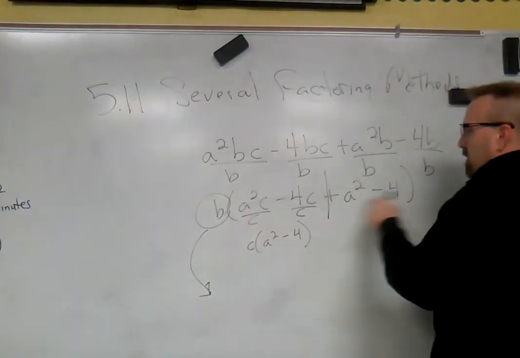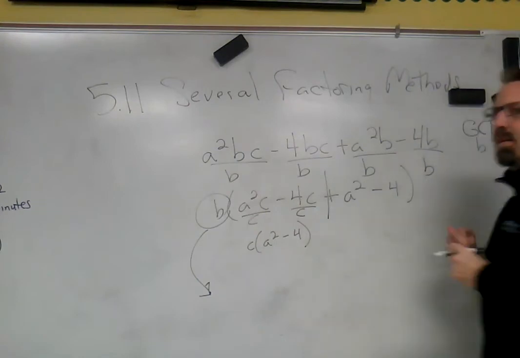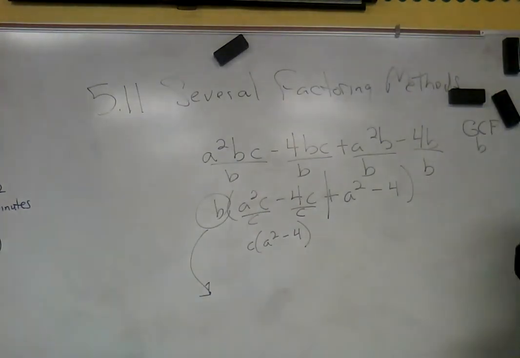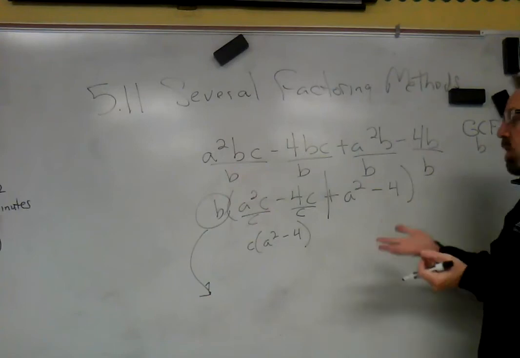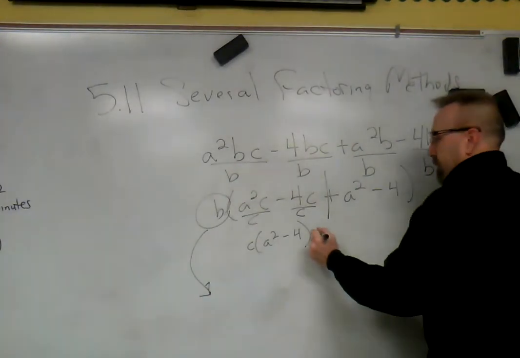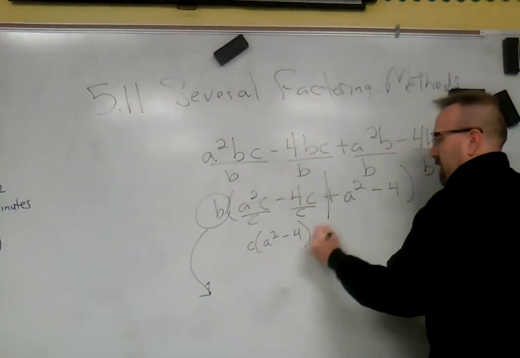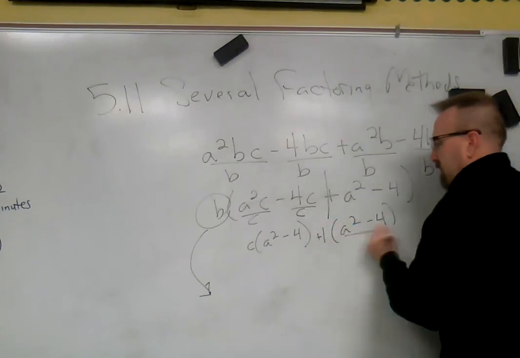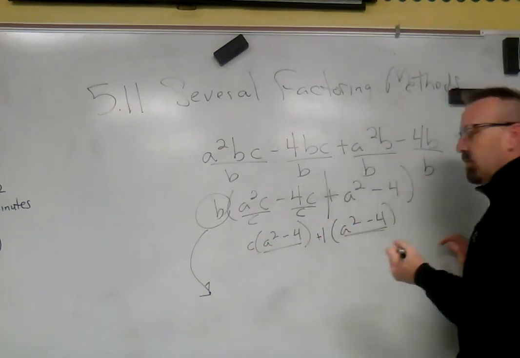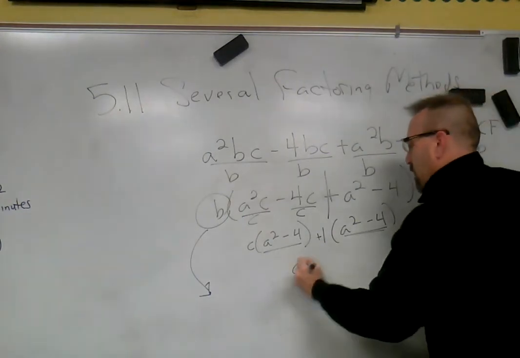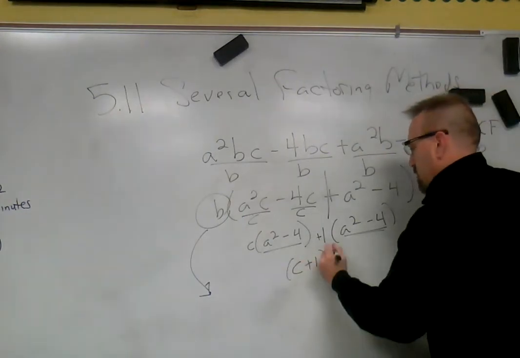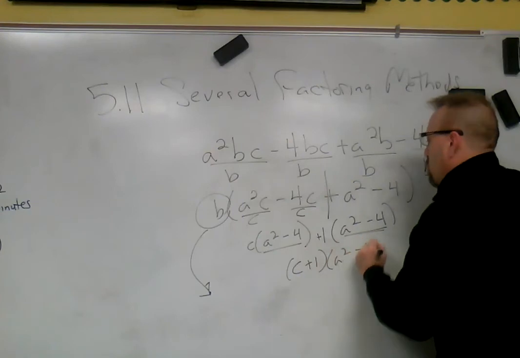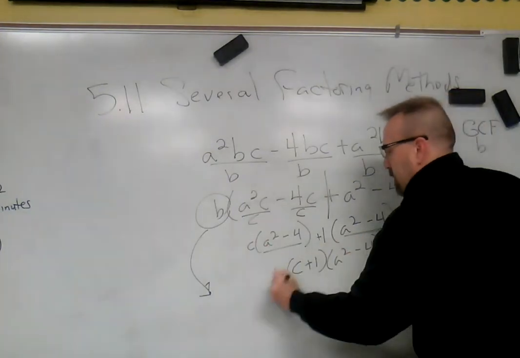What's common in these? There's nothing besides 1, but we need to write down 1. So there's a 1 there, and it's positive. Then we're left with A squared minus 4, which leaves these the same. So that is correct. So now we have C plus 1, A squared minus 4, bring down our B.